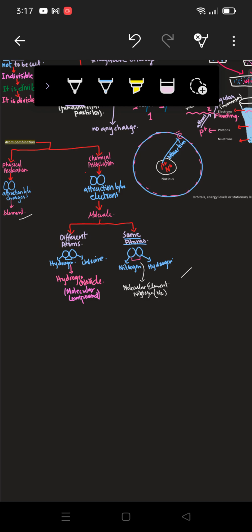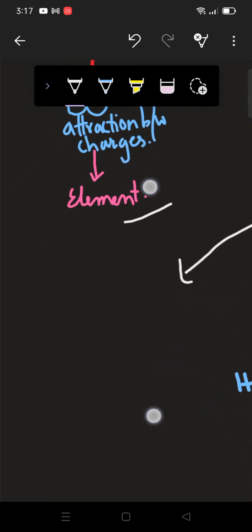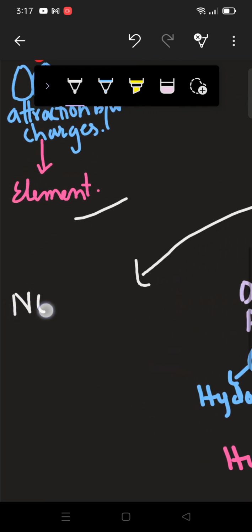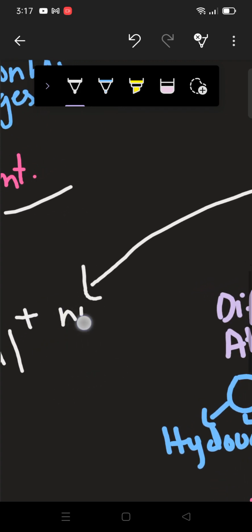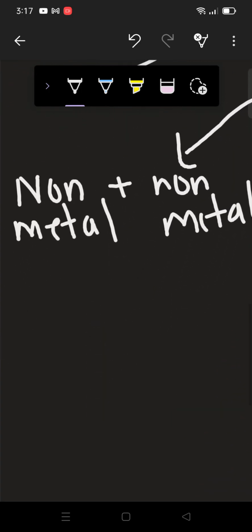Now let's talk about their bonds. As we know, a molecule is always made with non-metal plus non-metal. And whenever there is an attraction between non-metal and non-metal, it forms a covalent bond.